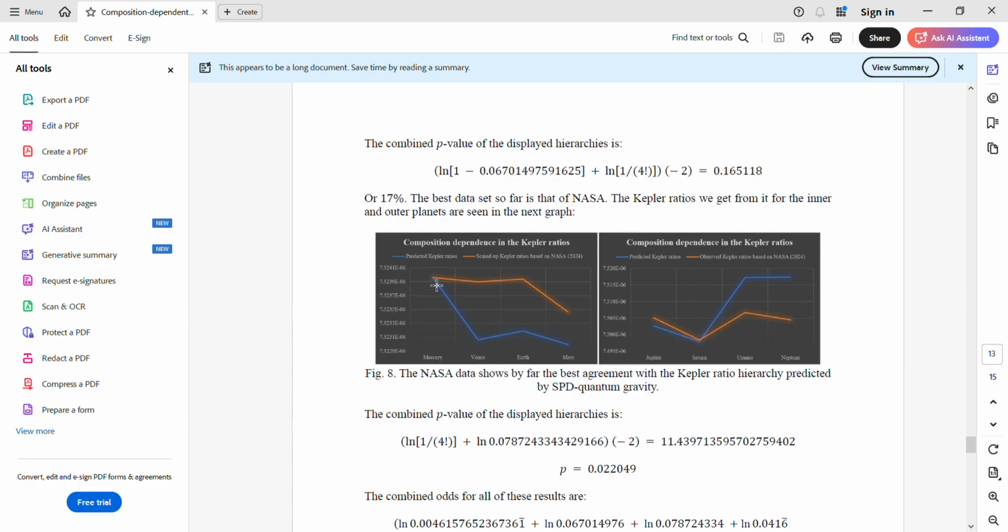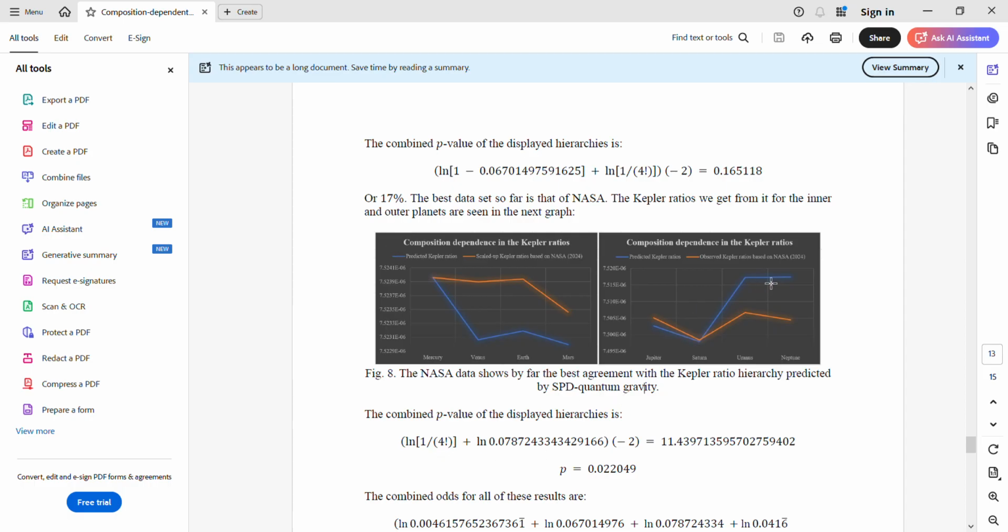Here we can see it goes down, up, down, down, up, down, and this is down, up, and it actually goes slightly down. If you were to zoom in on it, it goes slightly down. So it's a perfect agreement here.